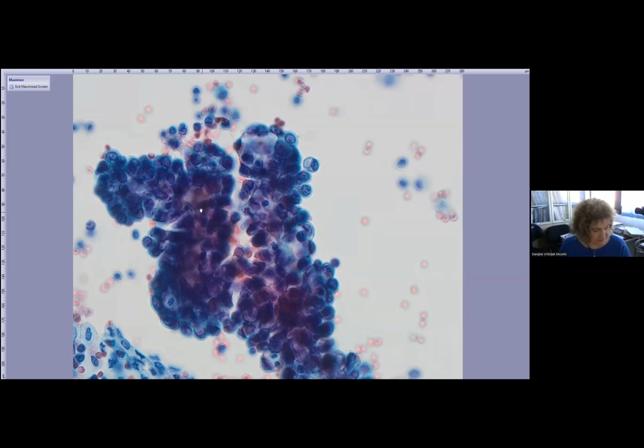But on morphology, low grade. Yeah, low grade. So if we received this material as pre-operative ascitic fluid, I suppose we would perform cell blocks and more ancillary testing. But this was taken intraoperatively, so we just waited for the histology to match.